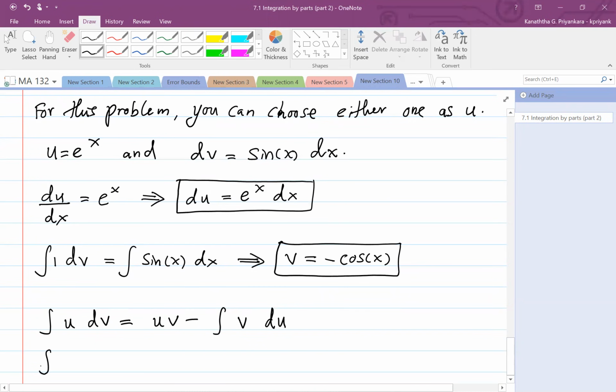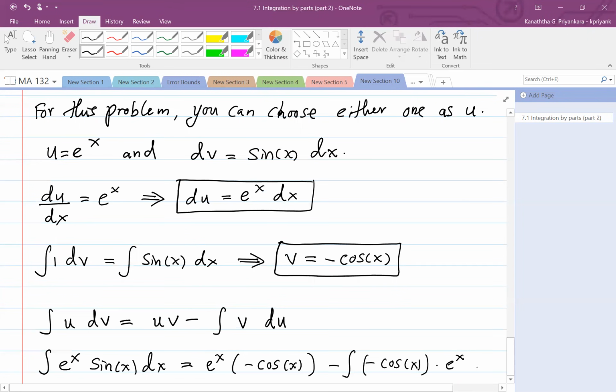In this problem, u is e to the power x, so I can substitute that, and dv is sine x dx. So the integral of e to the power x sine x dx equals u, which is e to the power x, times v, which is negative cosine x, minus the integral of v, which is negative cosine x, times du, which is e to the power x dx.